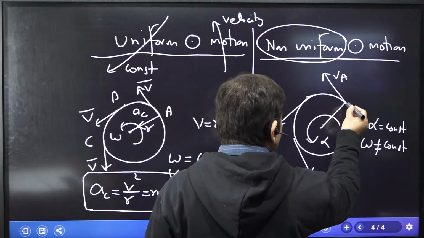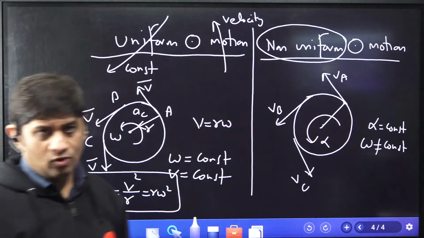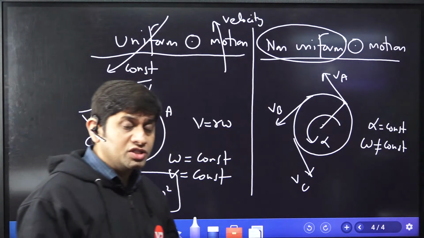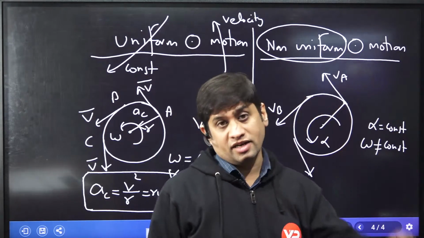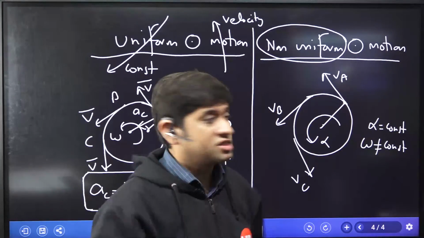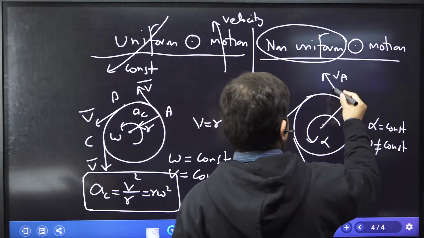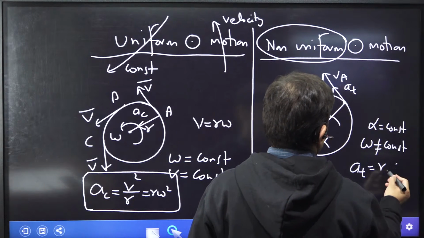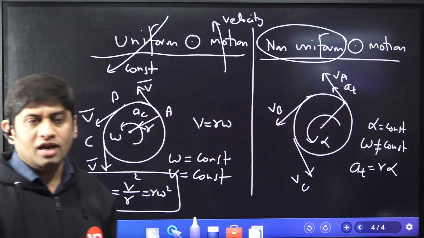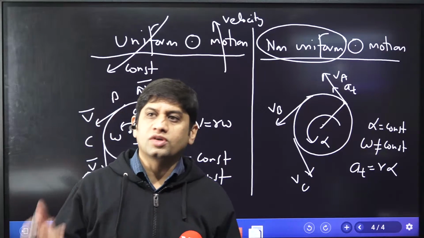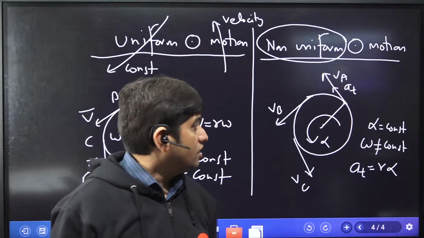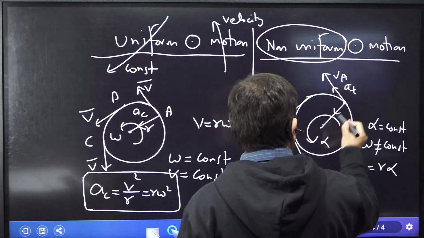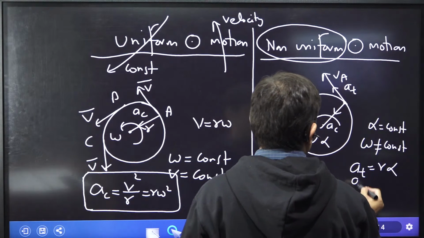So at a particular position, if I want to find out acceleration, now there will be two accelerations which will be coming into the picture. One is tangential acceleration. How do you calculate tangential acceleration? R into alpha. अभी तो निकाला था कि अगर alpha हमें दिया है तो tangential acceleration कैसे निकालते हैं? R alpha. And the second acceleration, obviously direction is changing, that is centripetal acceleration.